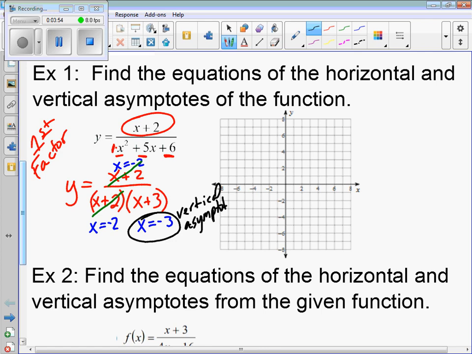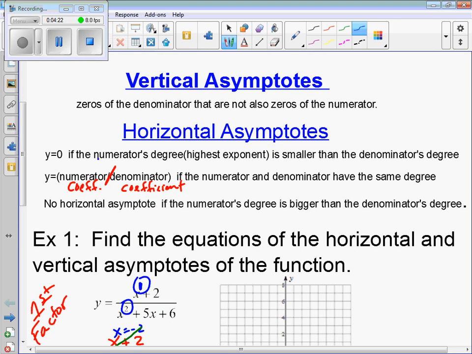Okay. We look at horizontal asymptotes. When you're looking at horizontal asymptotes, we look back at the original function. We look at the biggest degree of the numerator, which is 1. The biggest degree of the denominator is 2. So the numerator's degree is smaller than the denominator's degree, and our horizontal asymptote is y equals 0.